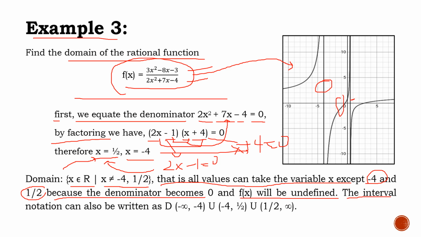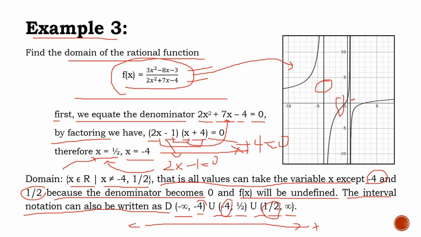So the interval notation can also be written as negative infinity to negative 4, union negative 4 to 1 half, then union 1 half to positive infinity. Meaning the domain can be from negative infinity up to positive infinity except negative 4 and 1 half.